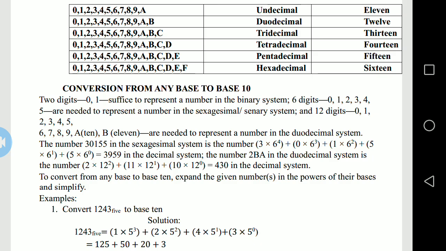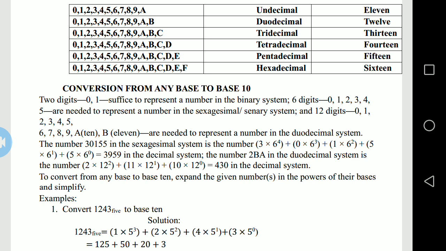Remember that in the numbering, as we did from our table, B refers to 11, then A refers to 10. Okay, do you understand? So the number now is in base 12.